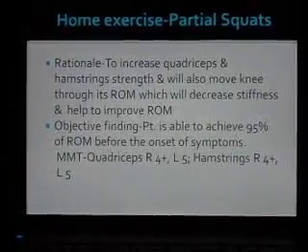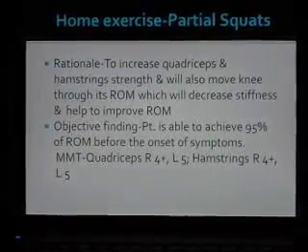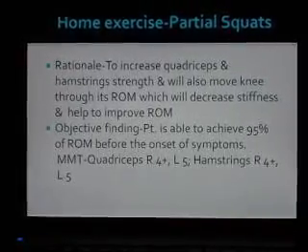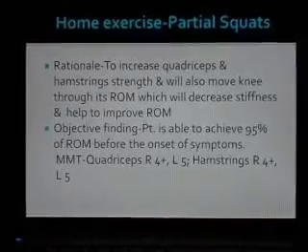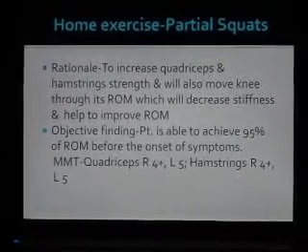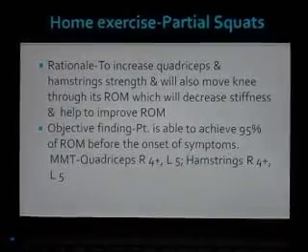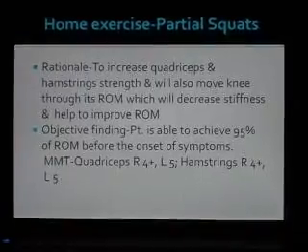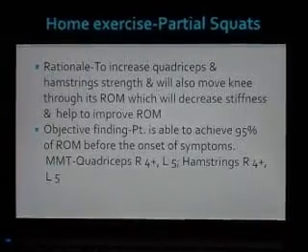One of the home exercises I chose after the 6-week reevaluation was partial squats. The rationale for choosing this exercise is to increase quadriceps and hamstring strength, and it will also move the knee through its range of motion, which will decrease stiffness and help to improve range of motion.